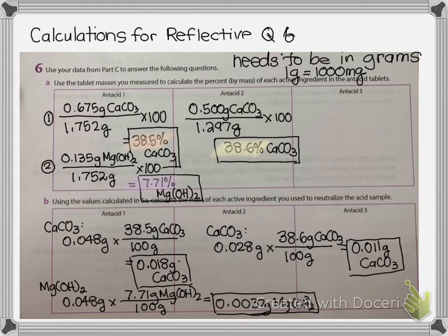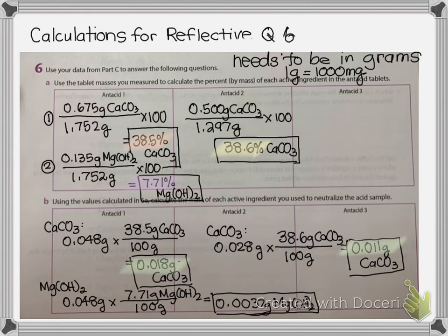Looking quickly, antacid 1 has 2 ingredients, so I can't really compare the magnesium hydroxide. That's kind of a variable. But I can compare my calcium carbonate, and I can see that antacid 1 used more than antacid 2.